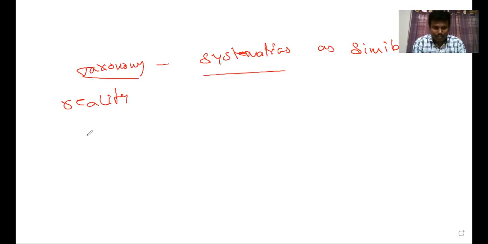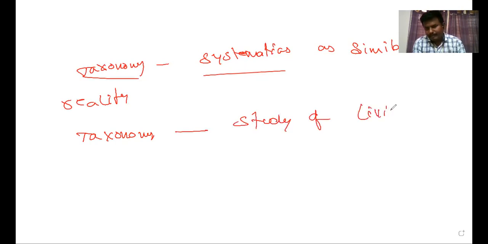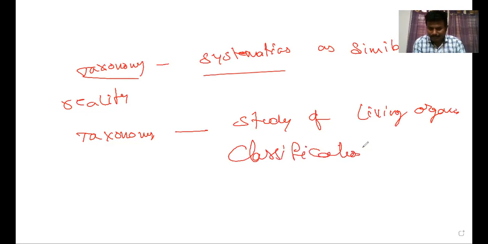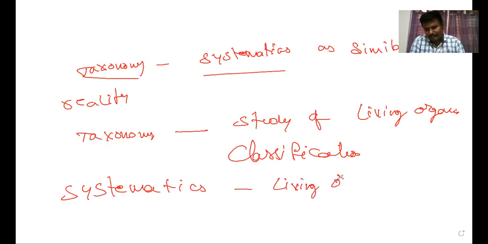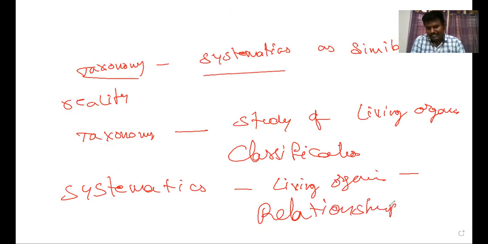Taxonomy deals with the study of living organisms and their classification, whereas systematics deals with the study of living organisms and their relationship. So this is the actual meaning of taxonomy and systematics.